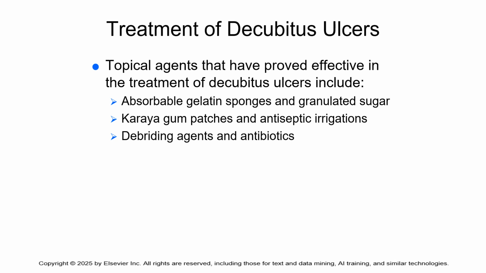There's also some special equipment you might use. Treatment-wise, medication, topical medications, absorbable gel sponges, patches, antiseptic irrigations, debriding, getting out all of that old dead tissue down to where it's more healthy, and of course antibiotics.